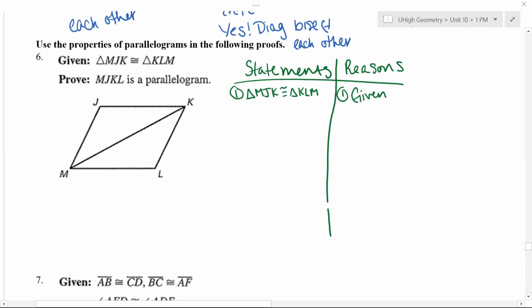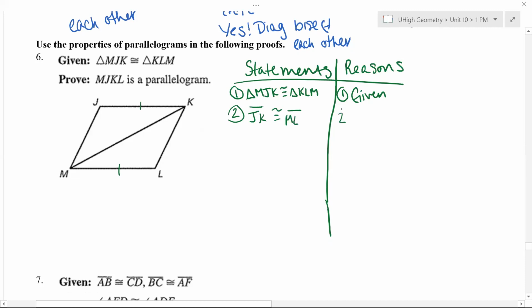What I can look at next, if I know I have 2 congruent triangles, then by CPCTC, I know that their corresponding parts are congruent as well. So for my statement number 2, I can say that JK is congruent to ML. Segment JK is congruent to segment ML.